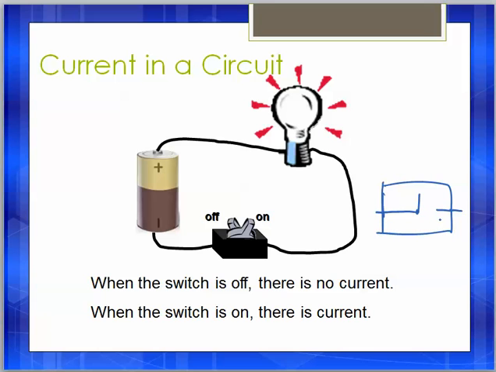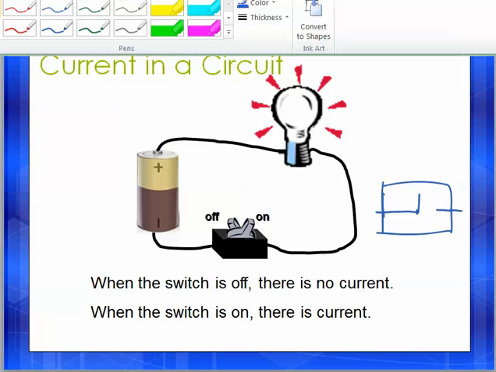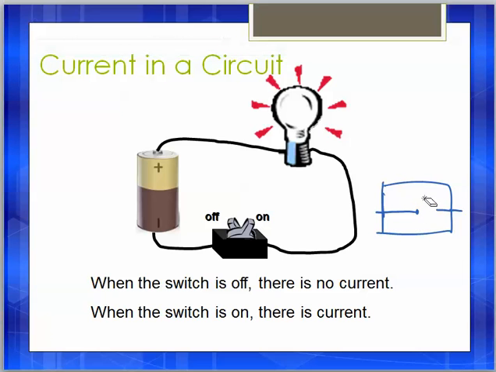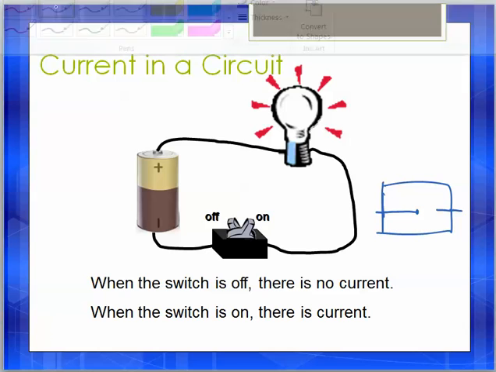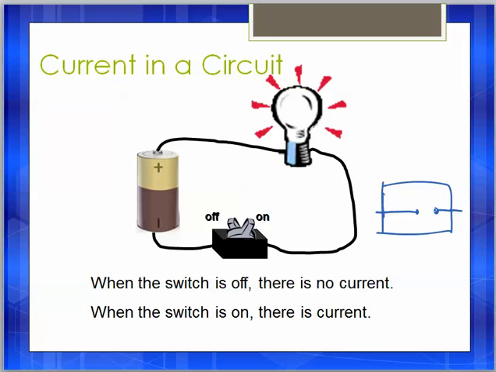There's just not going to be any flow. When they move it over here to the on position, this is no longer going to be up there. It's going to be moved from that up position and go over here and make a connection, and now the electrons can go across that bridge. A switch is a lot like a bridge, I guess you could say. I just came up with that off the top of my head.